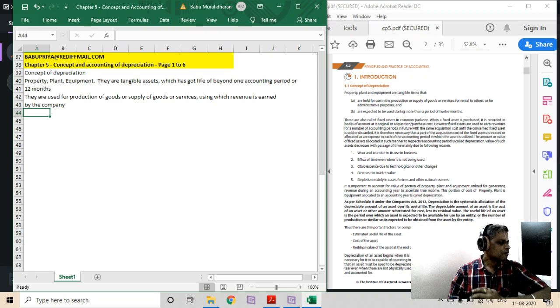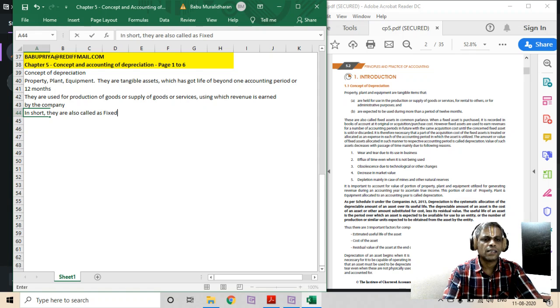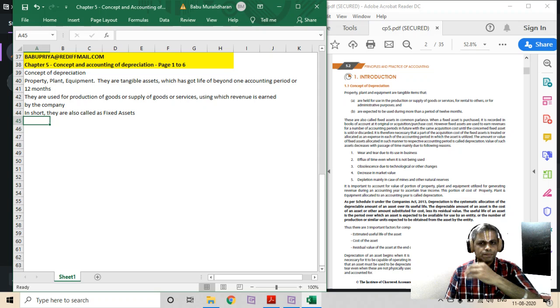Their useful life is expected to be beyond 12 months or one accounting period. So, in short, they are also called fixed assets.